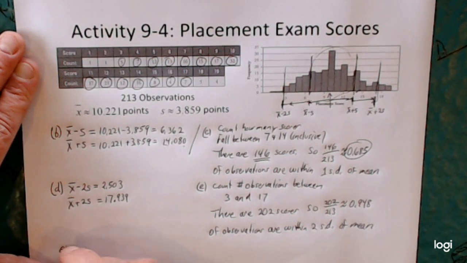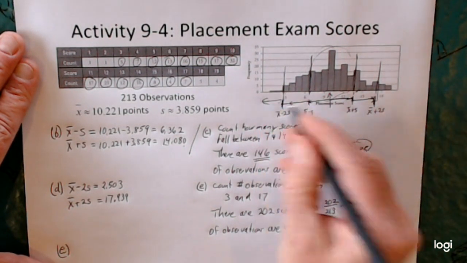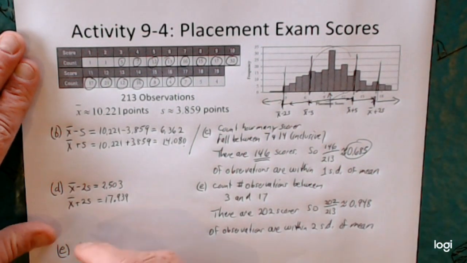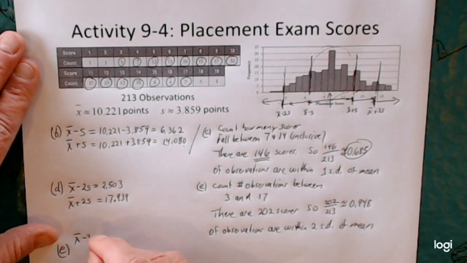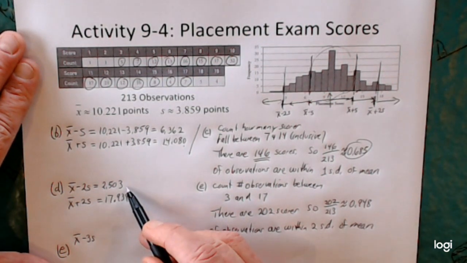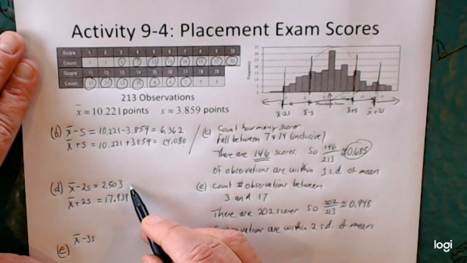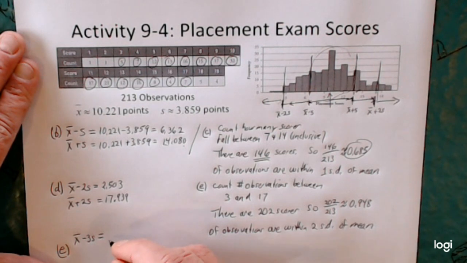One more time. We're going to go another standard deviation out in each direction, and maybe you can see what's going to happen. If I go x bar minus 3 standard deviations, so I subtract another standard deviation from 2.503. If I subtract 3.859 from 2.503, I get a negative number. Yikes.